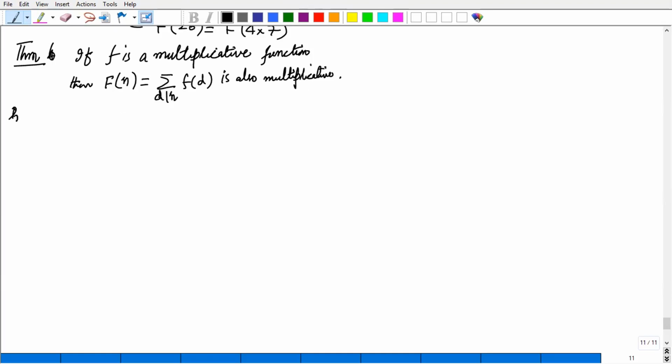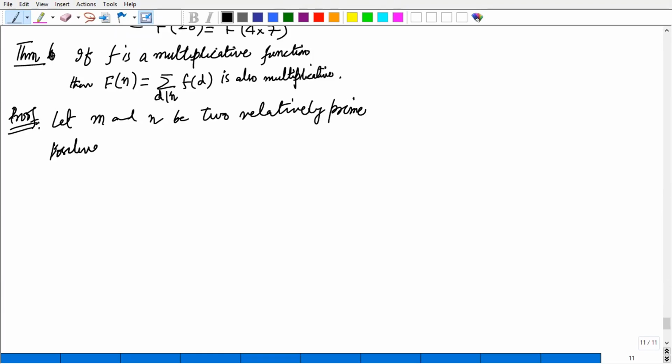Okay, now move to the proof of this result, because we have to show that F is a multiplicative function. So we take two numbers, let m and n be two relatively prime positive integers.